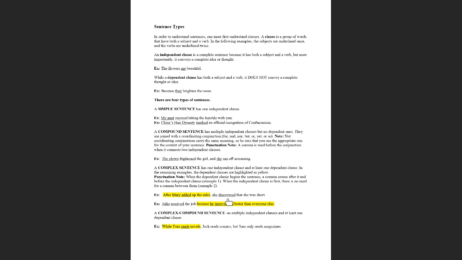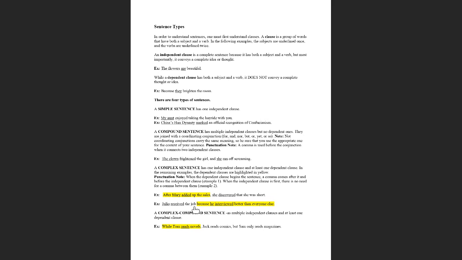A complex sentence is a sentence that has a dependent clause and an independent clause. So for instance, if you look at this one, after Mary added up the cells, that's a dependent clause because of that after. She discovered that she was short, that's an independent clause. But I can combine these two together. Likewise, if you look at the second one, Julio received the job.